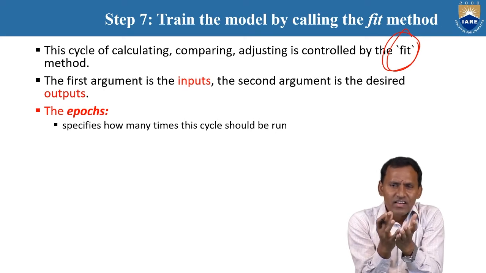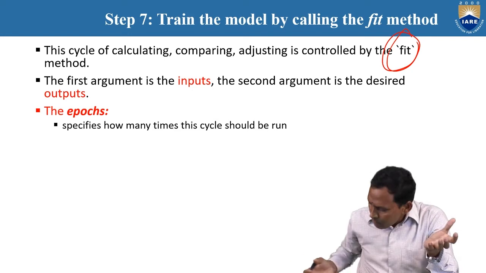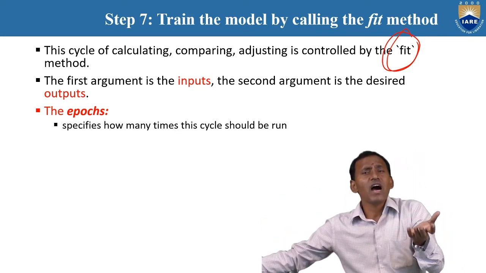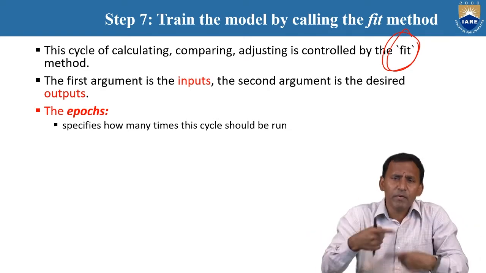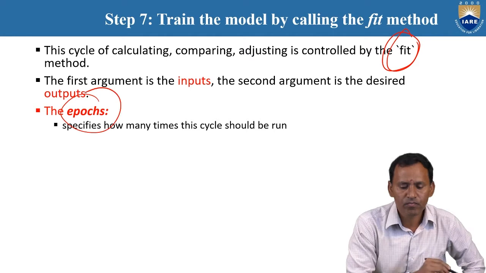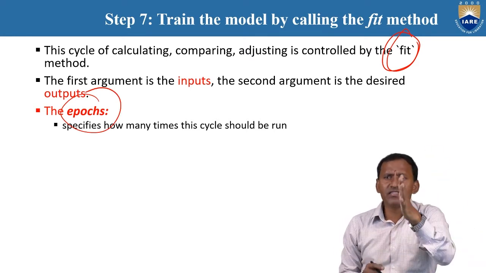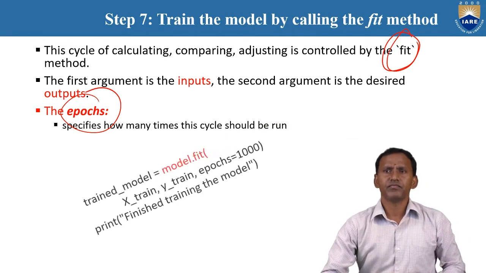To train the model means what? I am giving an input and I am giving the estimated output. Now how many times will this process be repeated? That is the epoch. The epoch specifies how many times this cycle should be run.